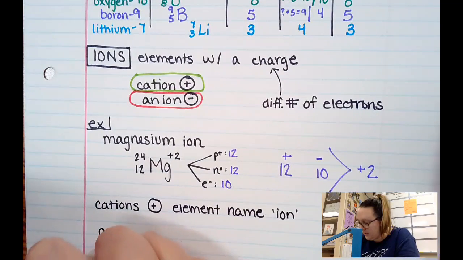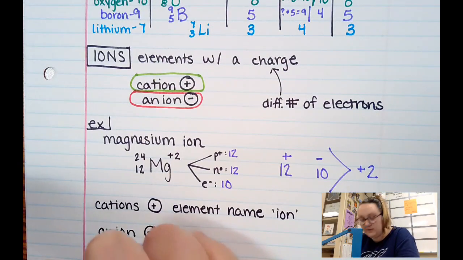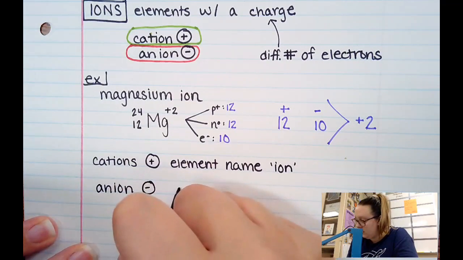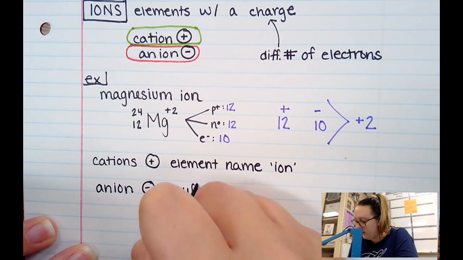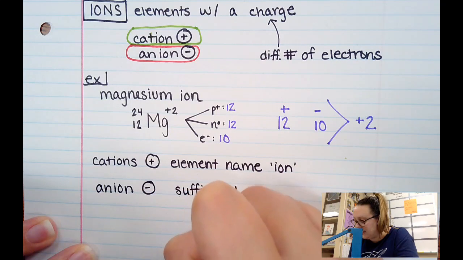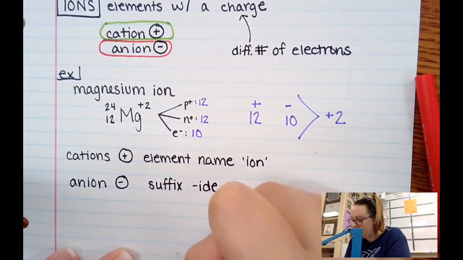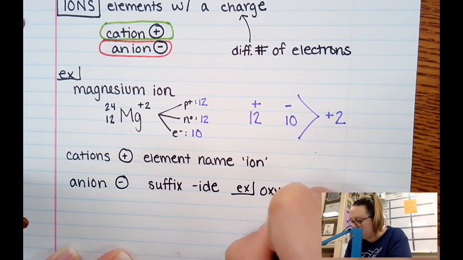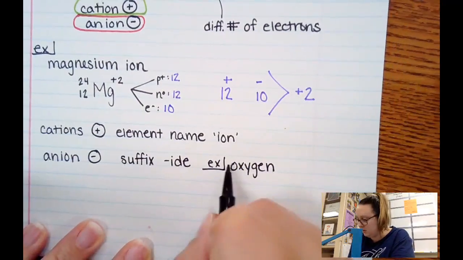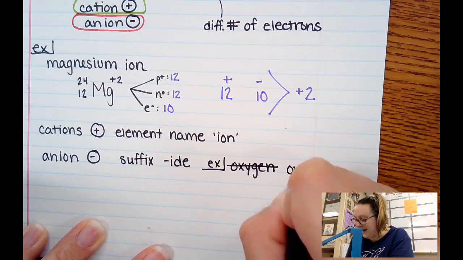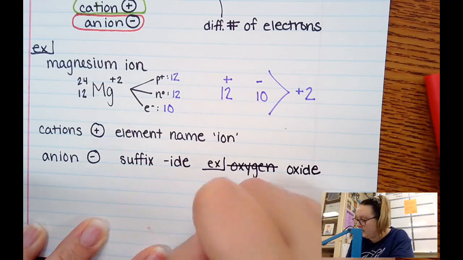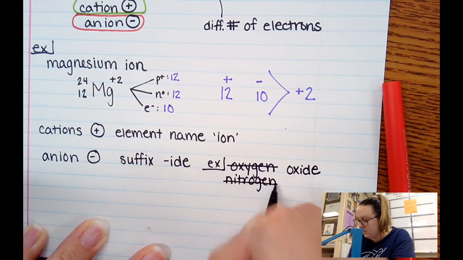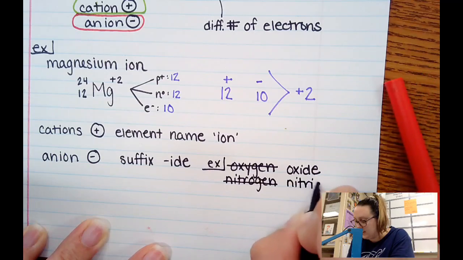If it is an anion, which means it has a negative charge, you use the element name and the suffix -ide. For example, instead of oxygen, if it has a negative charge, we put oxide. Instead of nitrogen, if it has a negative charge, we would put nitride.